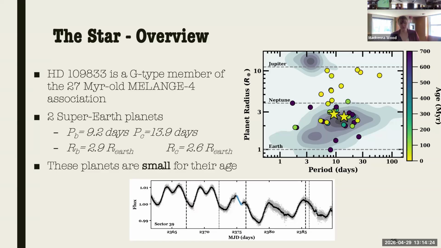The 2 planets have orbits of 9 and about 14 days, and they're both a little over 2.5 to 3 Earth radii in size. Now, that is actually very small for their age. So this plot here shows a map of planets of young ages. The dots are young planets. The background contour is the general field population of planets.